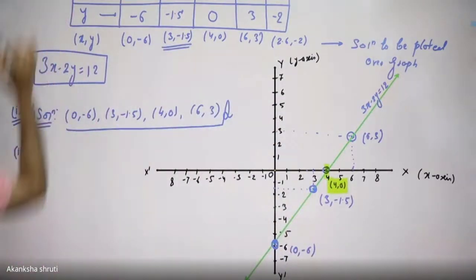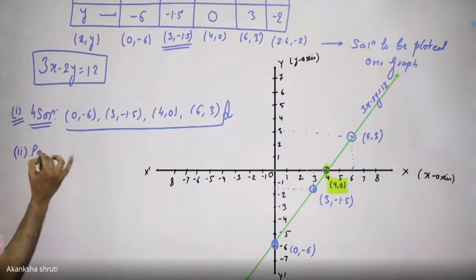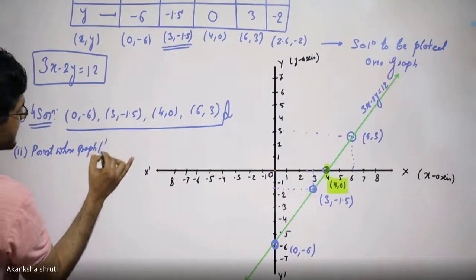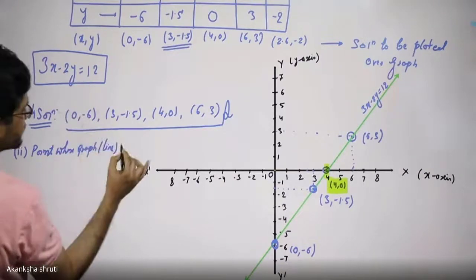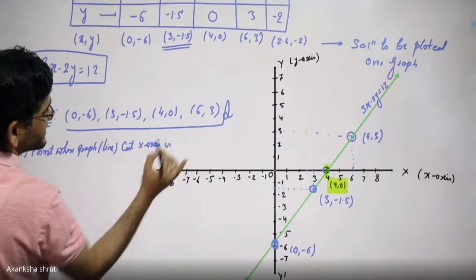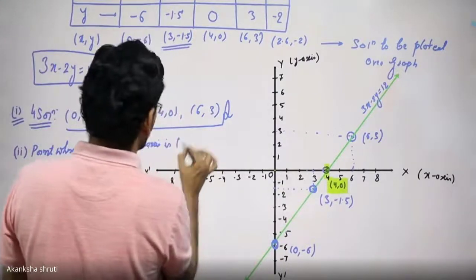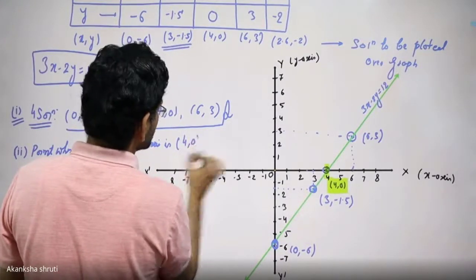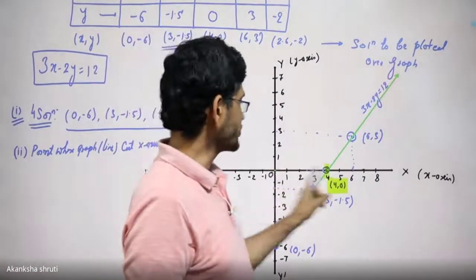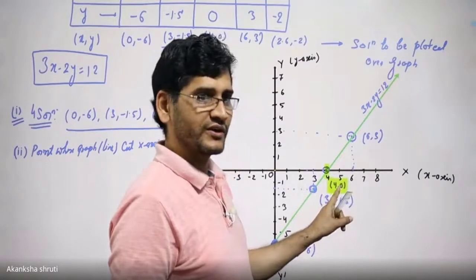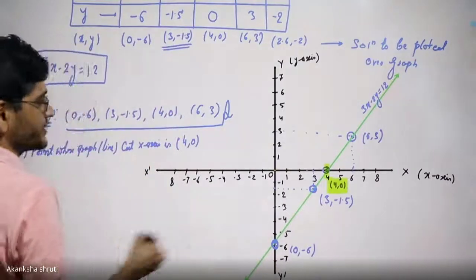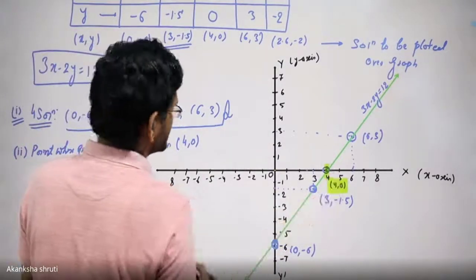So the point where the graph, or this equation, cuts the x-axis is (4, 0). Students, we also learned in chapter 3 that for all points on the x-axis, the y value is 0. That's why the y value is 0 here. So everything is correlated, and concepts of previous chapters are always used in the next chapter.